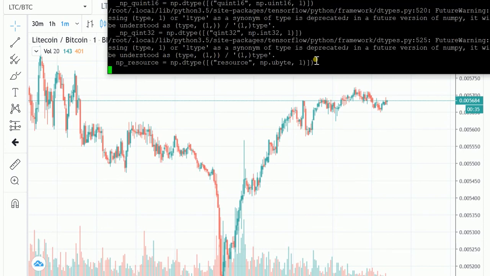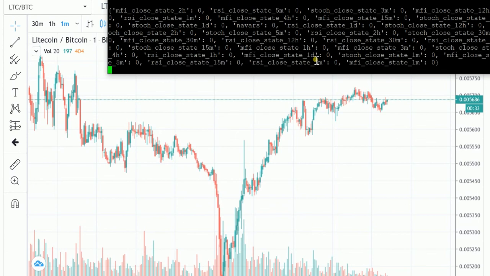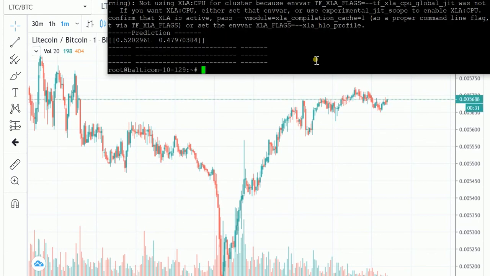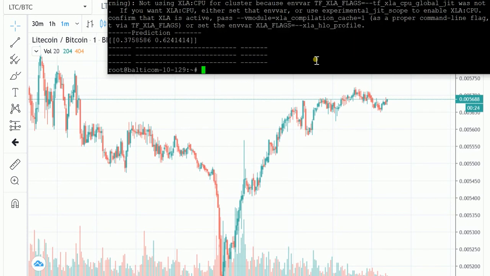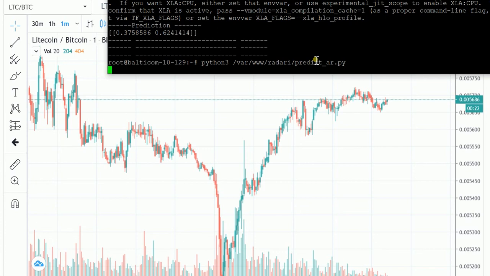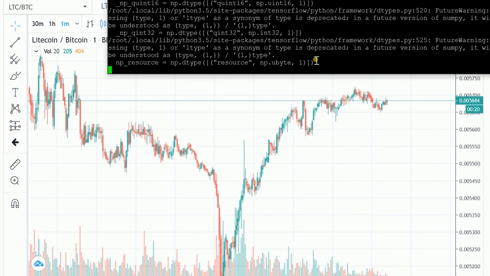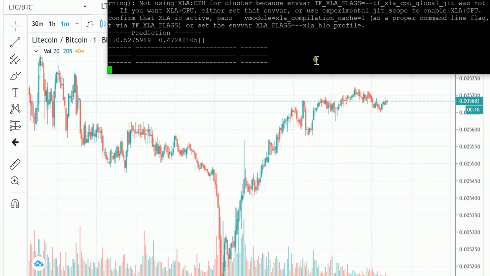So the accuracy that the price will fall downwards is greater. Let's see whether it's stabilized a little bit. Still falling down greater, but not such a huge impact. Okay, so now he thinks the price will go upwards.